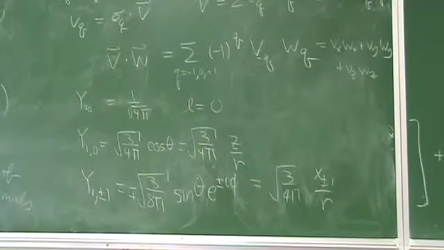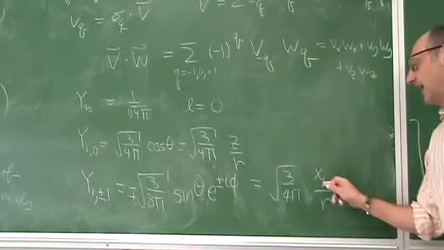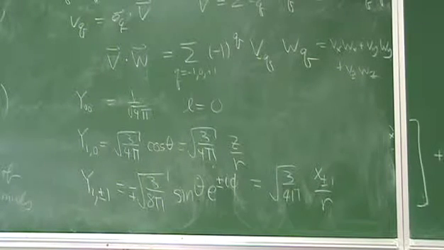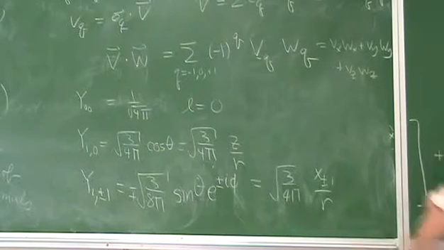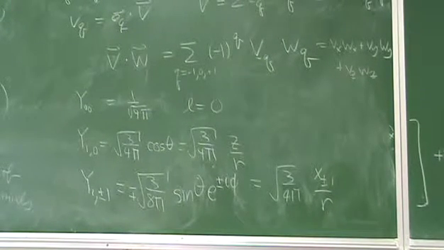So the angular dependence of x_1, x_minus 1, and x_0, which is z, x plus or minus iy, are the angular dependencies of the spherical harmonics. So I can think about the angular dependence of the position vector with respect to the spherical basis as the spherical harmonics.